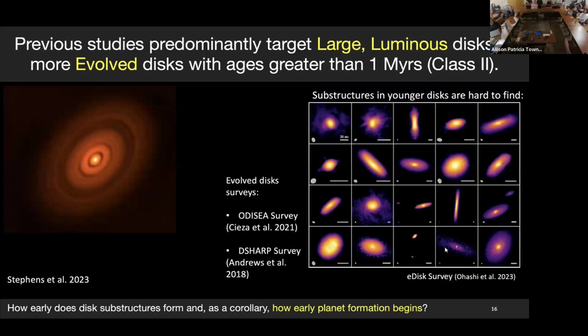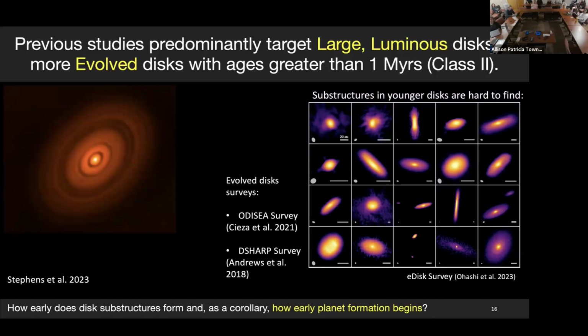It's very important to point out that past observations mostly focused on large, luminous disks or more evolved disks with ages greater than 1 million years, mostly Class II.